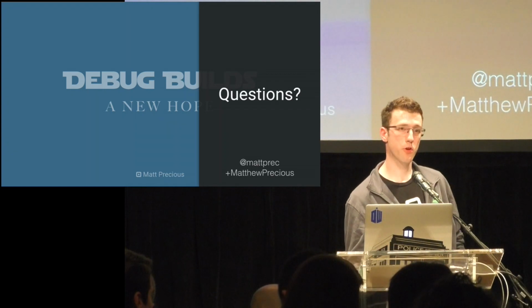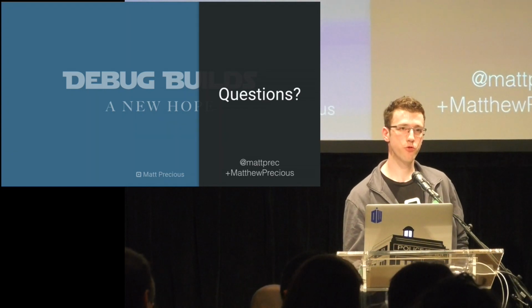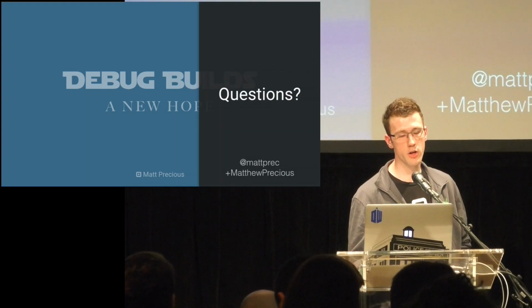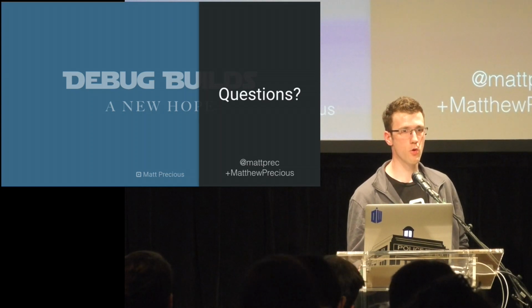So I believe the question was about sharing a mock mode between Android and iOS. Are you talking about having another server that you can control, or sharing native code, for instance?